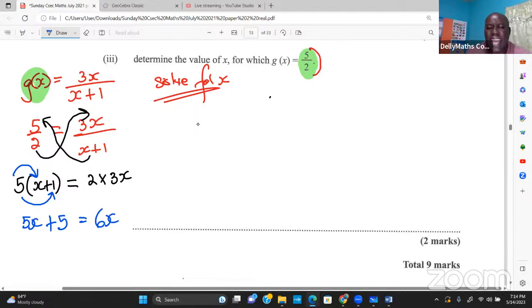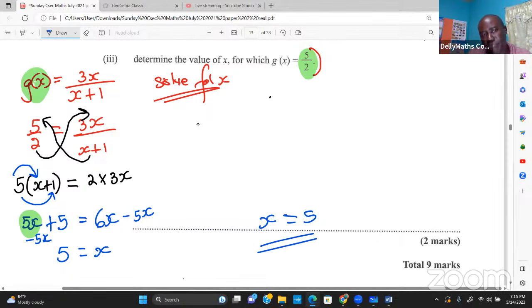Since I have the 5x on the left, I'm going to get this on the other side, so I'm going to be subtracting 5x from both sides. Now 5 is equal to 6x minus 5x, which is x. So my answer is that x is equal to 5, right there.